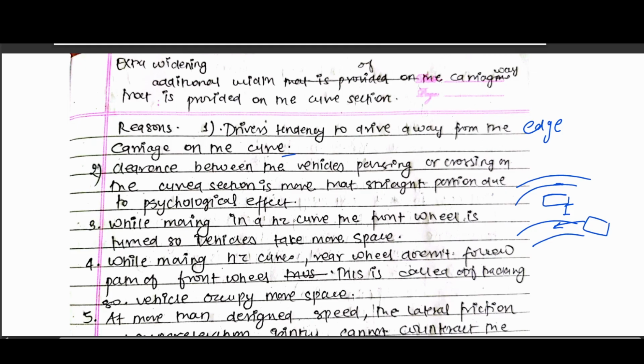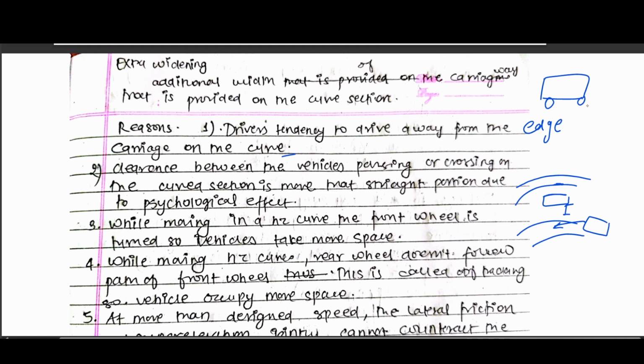And next one is that while moving in a horizontal curve, the front wheel is turned, so the vehicle takes more space. We know that in a vehicle the rear wheel is always used for generating the power, and the front wheel is used for turning the vehicle.